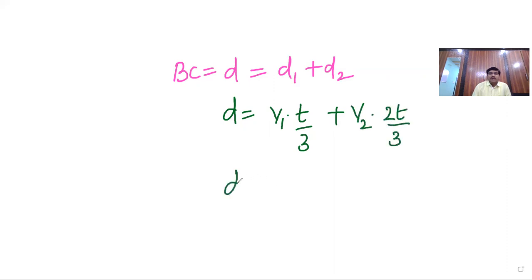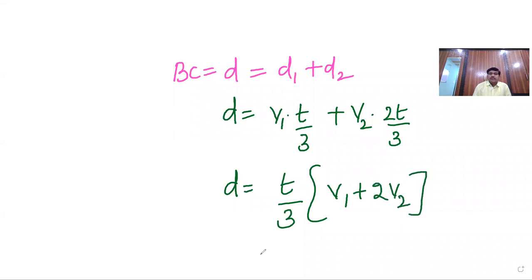Clear? So t by 3 is the common factor, giving v1 plus 2v2. Okay, what is the t here?